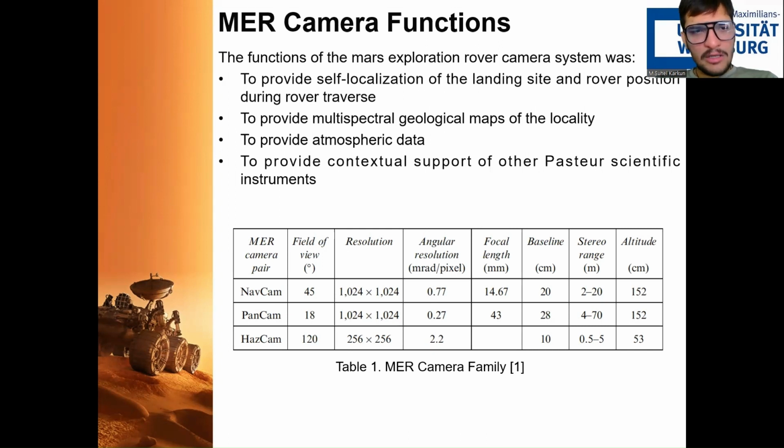So from this table, we can see that panoramic camera possesses very high resolution because it has to collect the data with a high resolution for scientific analysis, and hazardous cameras have very low resolution compared to the other two because they have short range and are just to protect the rover from any hazards and obstacles on the planet.